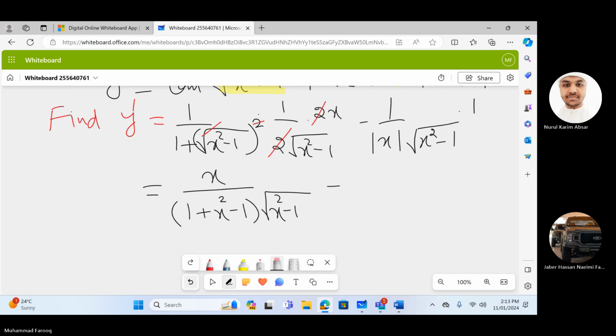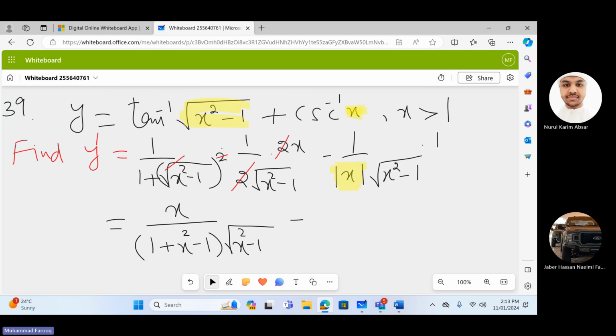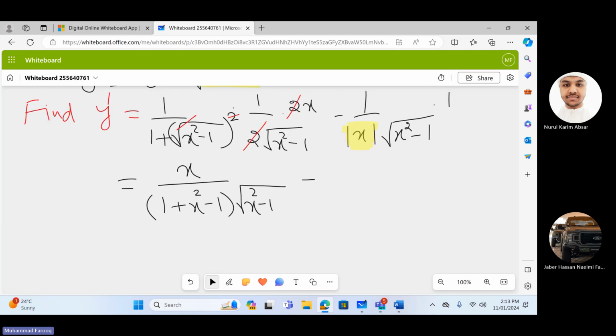Given that x is greater than 1, it is given in the question that x is positive. So you can remove this absolute value without any sign. But the minus sign stays as it is, please. Minus is part of the question. So 1 over x, absolute value is positive x because x is positive, times square root of x squared minus 1. Understand until here? Okay, now please look at here. Minus 1 plus 1 cancel, right?